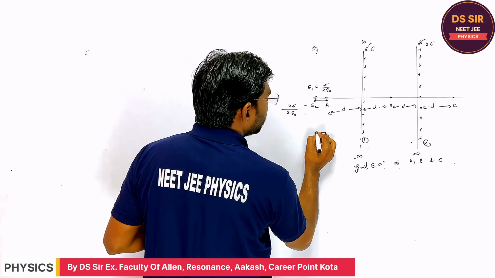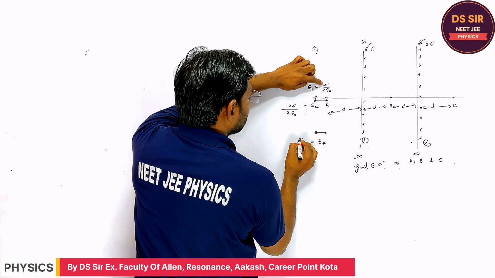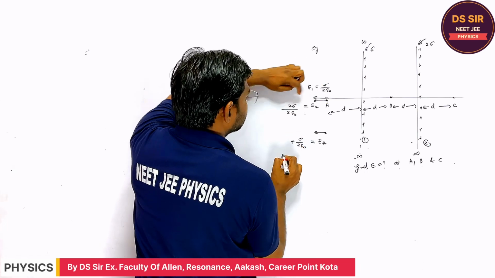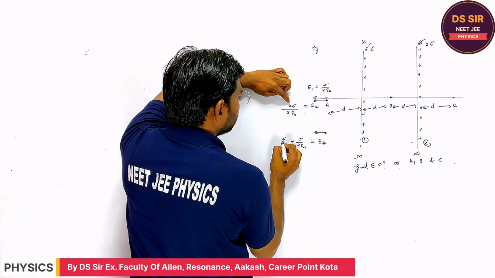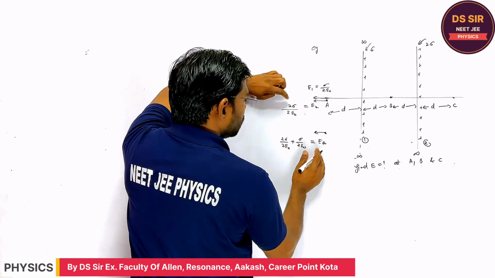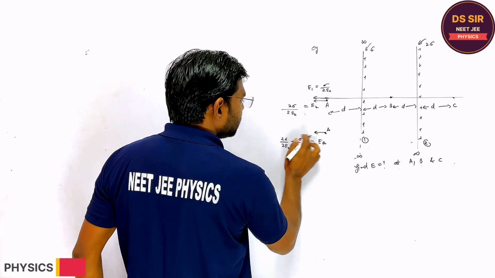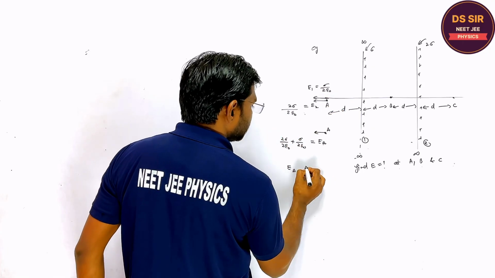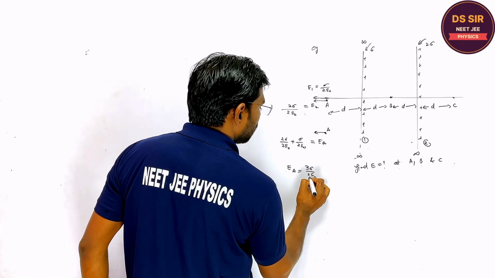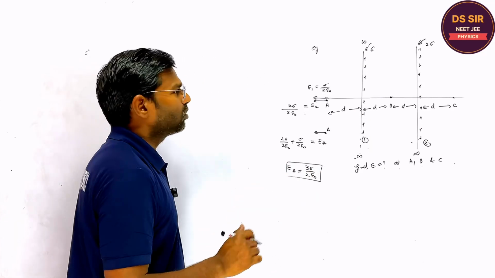So the electric field at point A will be sigma upon 2 epsilon naught plus 2 sigma upon 2 epsilon naught, which is 3 sigma upon 2 epsilon naught. Is it clear or not?